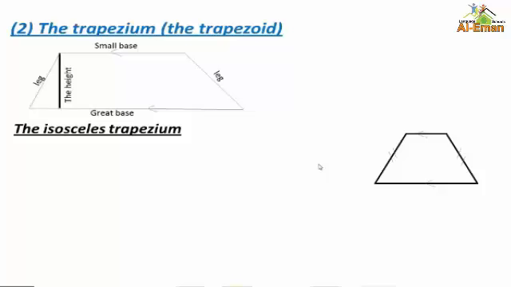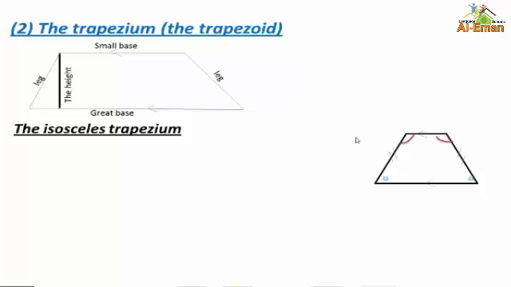In the isosceles trapezium, as we studied, if you remember, the two base angles are equal in measure. So here I have the great base, so the two angles of the great base are equal in measure, and the two angles of the small base also are equal in measure.